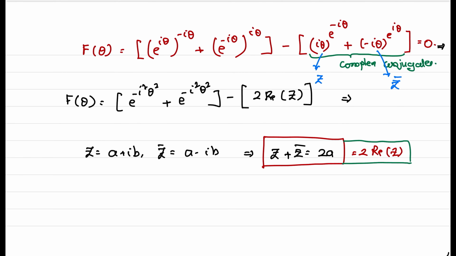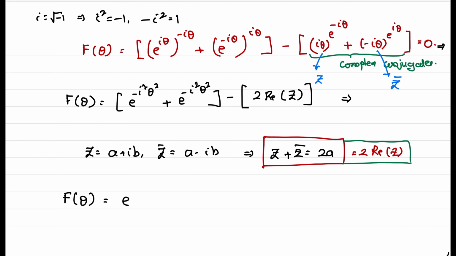The equation becomes f(theta) is equal to e to the power of minus i square, which is plus 1, because i is equal to square root of minus 1. i square is equal to minus 1. Minus i square is equal to 1.